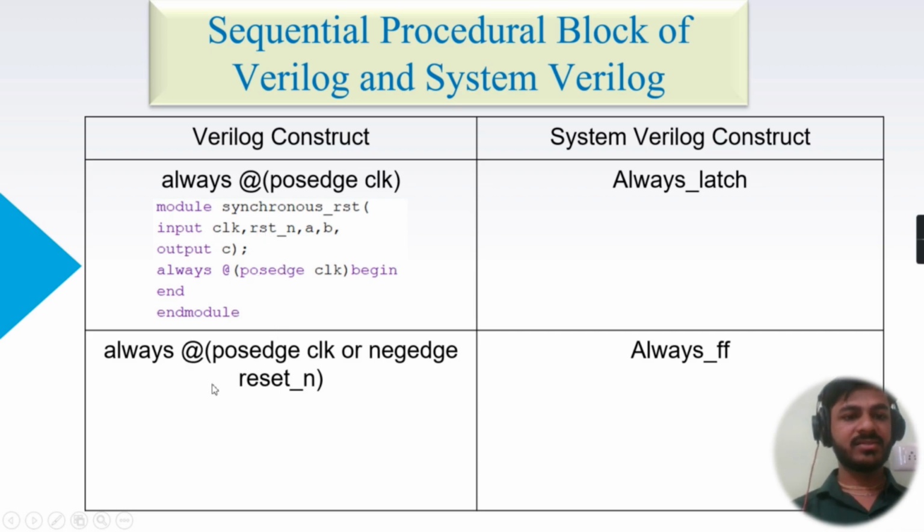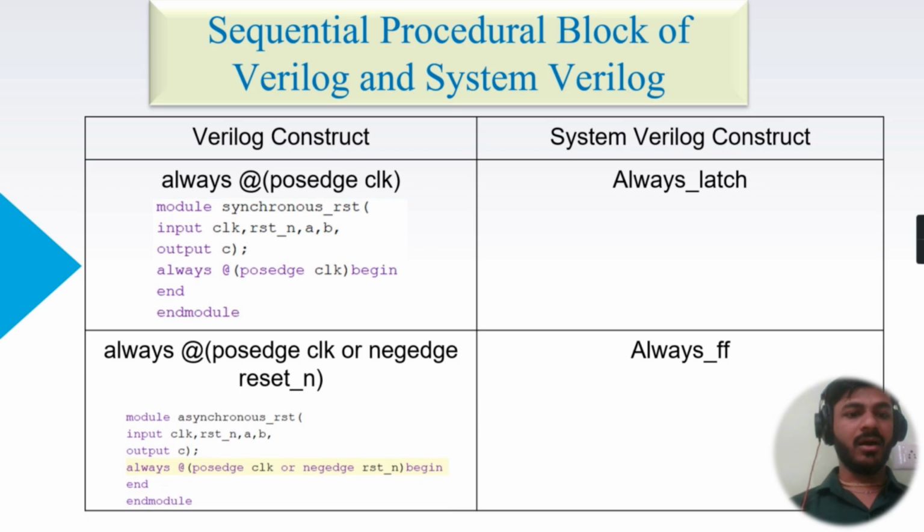Below that, we have a second procedural block, always @ posedge clock or negedge reset. This procedural block also executes the logic on the posedge clock only, but it acts as an asynchronous reset. Below that, you can see the syntax of always @ posedge clock or negedge reset.